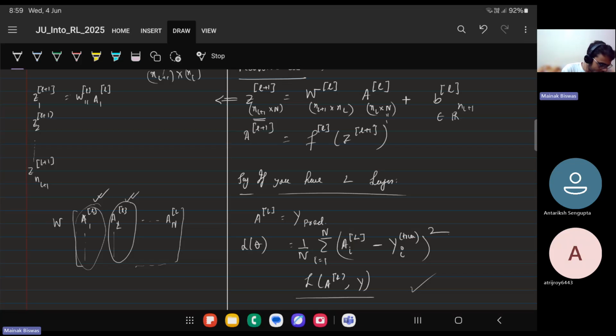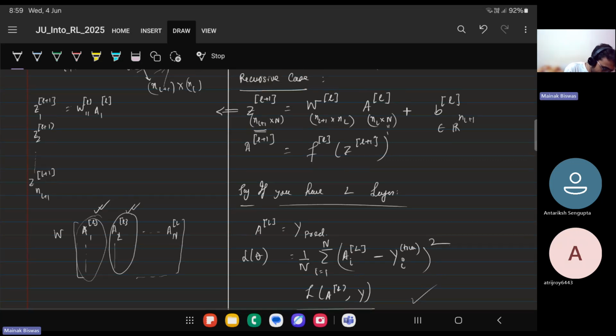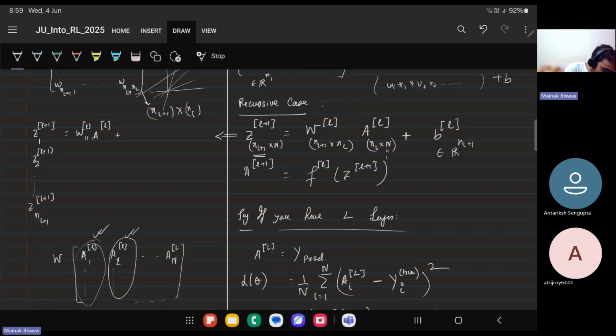So look at this equation, 1, 1. Whichever example you're taking, say some example J: W11 A_1J, W12 A_2J, and all the way till the end, W1N_L A_{N_L}J, plus B_L1.